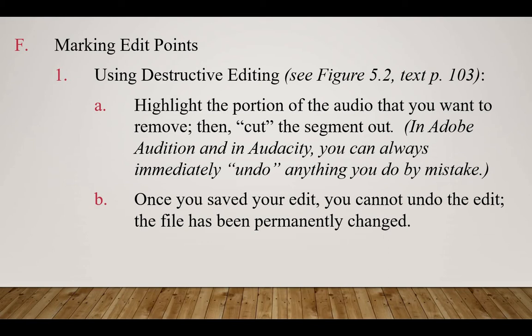The way that we do that in Adobe Audition and in Audacity is that you simply highlight the portion that you do not want, and you can either Control X to cut if you're going to take that piece of audio and move it somewhere else in the WAV file. You can also just simply hit delete on the keyboard to remove it altogether. And again, you can always immediately undo anything that you do by mistake because Control Z is your friend.